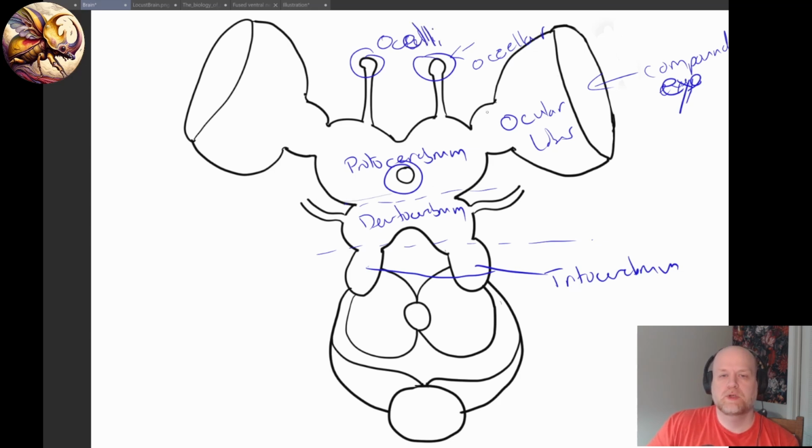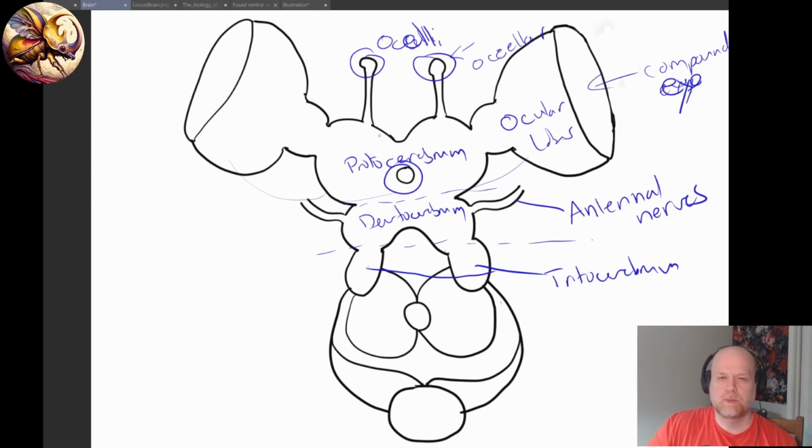So the protocerebrum is very much the part of the brain that controls vision and processes all the visual information of the insect. The deuterocerebrum has these antennal nerves. The deuterocerebrum is the part of the brain that is primarily concerned with the controlling of smell.